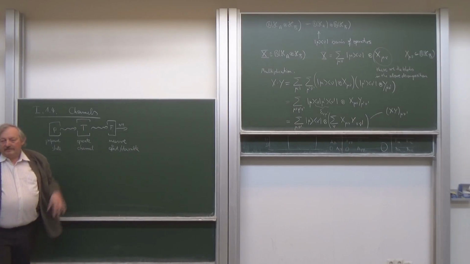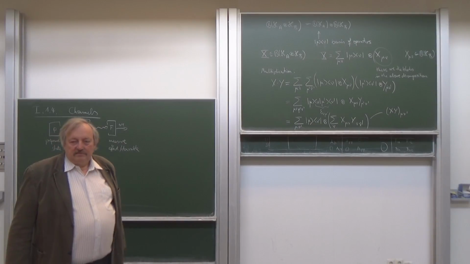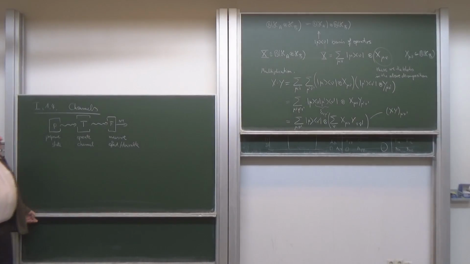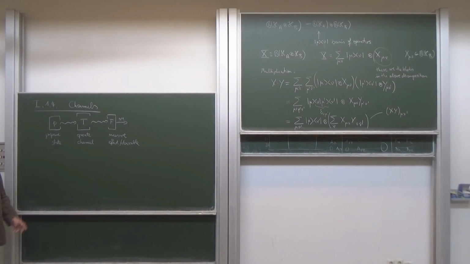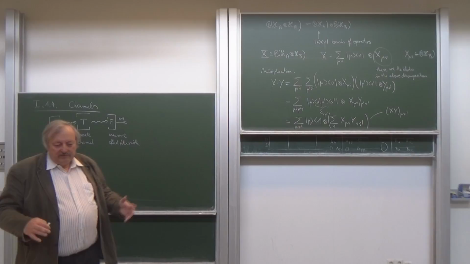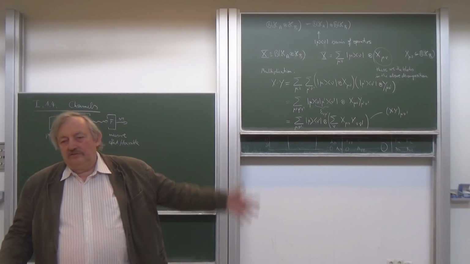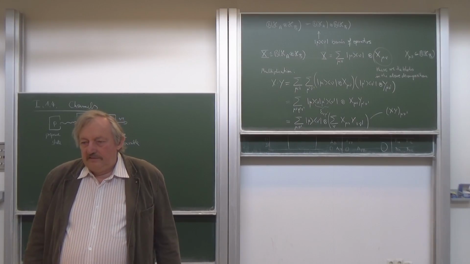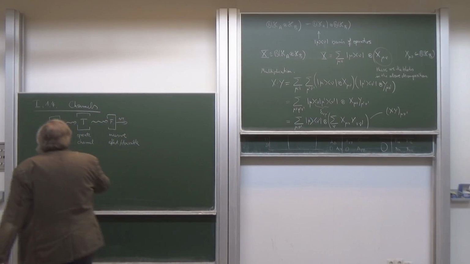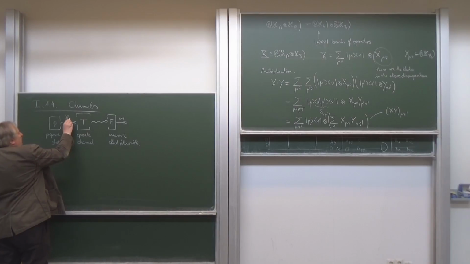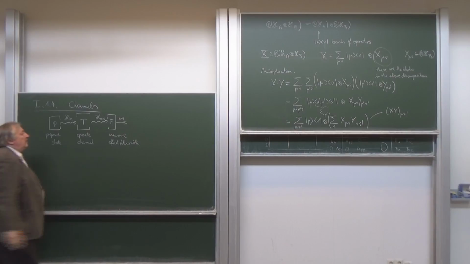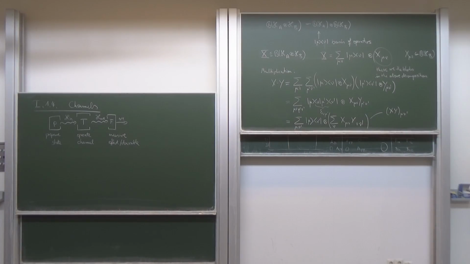So how do we mathematically represent channels? Now, there are two ways of doing that. We have this basic formalism of Hilbert space, density operators, and observables. So how do we fit these channels into that? Now, typically, the Hilbert space might even change by this transformation.